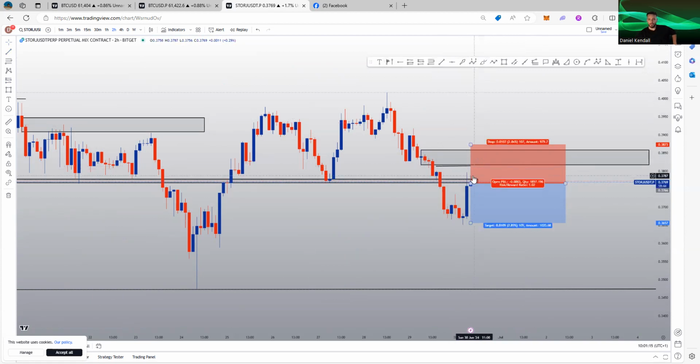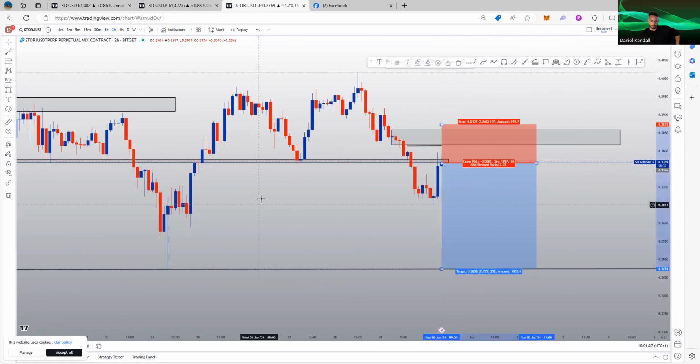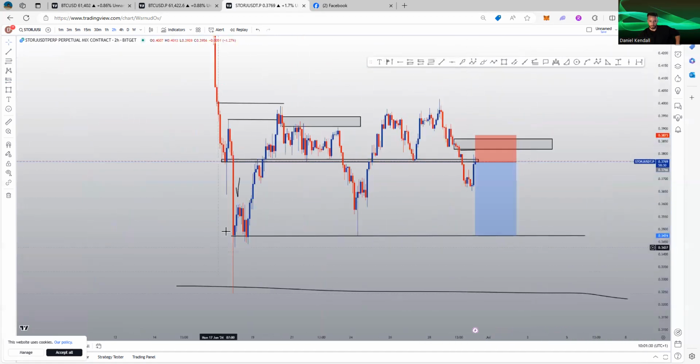So your average entry would be 50% between your market entry and your limit order. So you'd actually get a better entry. You're halving the risk and doubling the chances. So then you can take that back down and short that back down to the previous bottoms. That's a nice trade.